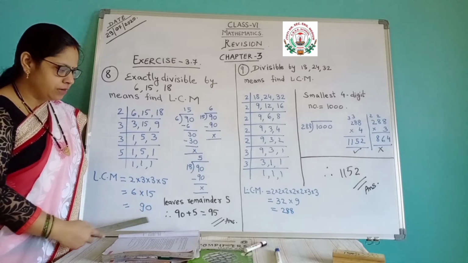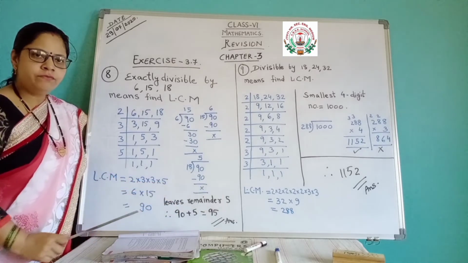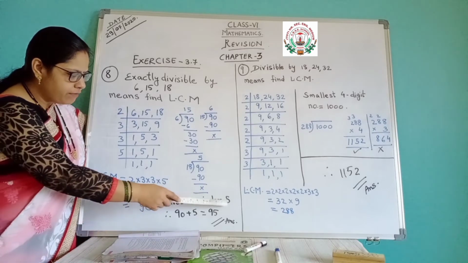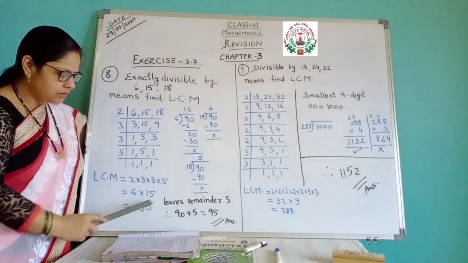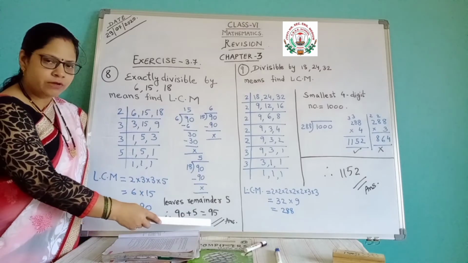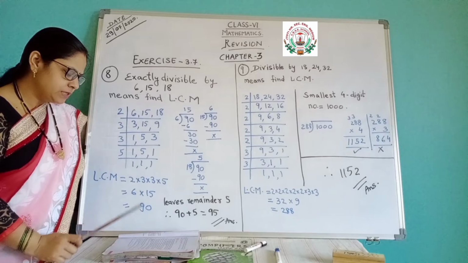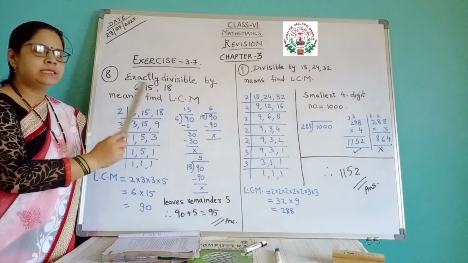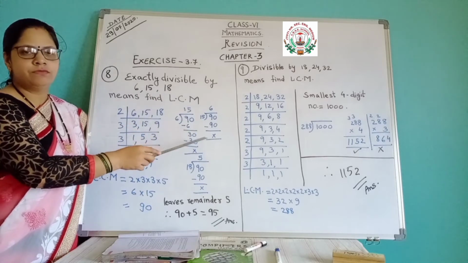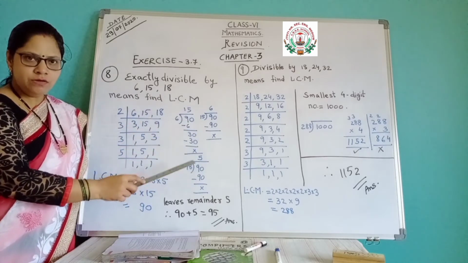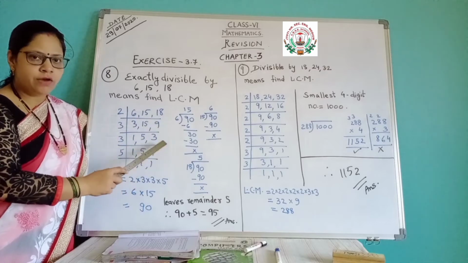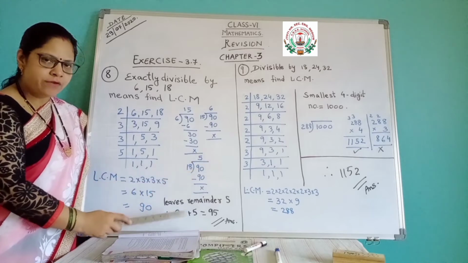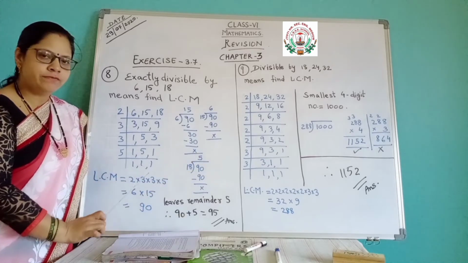The remainder 5 which should be left over, that 5 you add to the LCM, meaning 90 plus 5, total 95. So 95 is the number which, after doing the division, leaves 5 as the remainder. So 95 is the answer there.